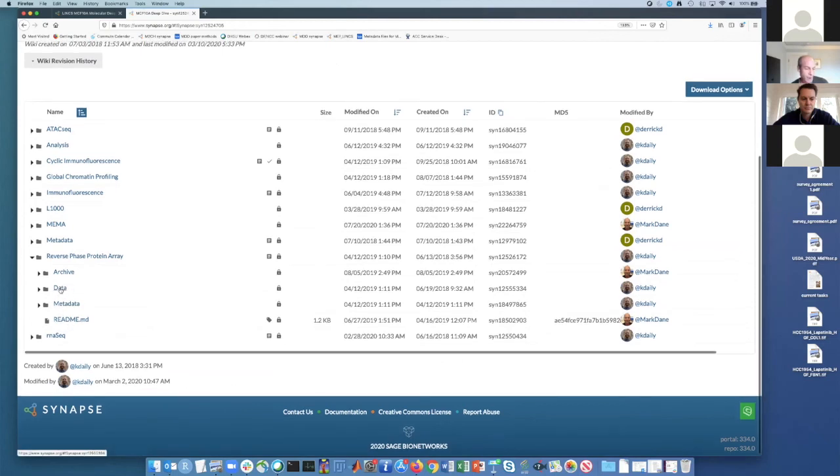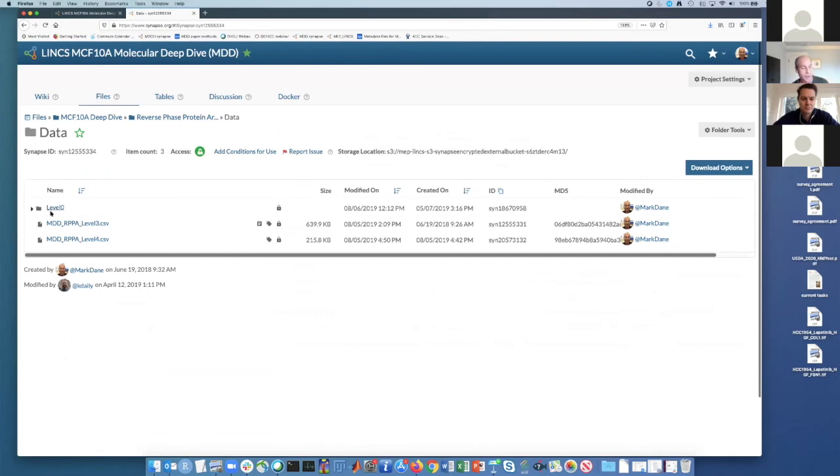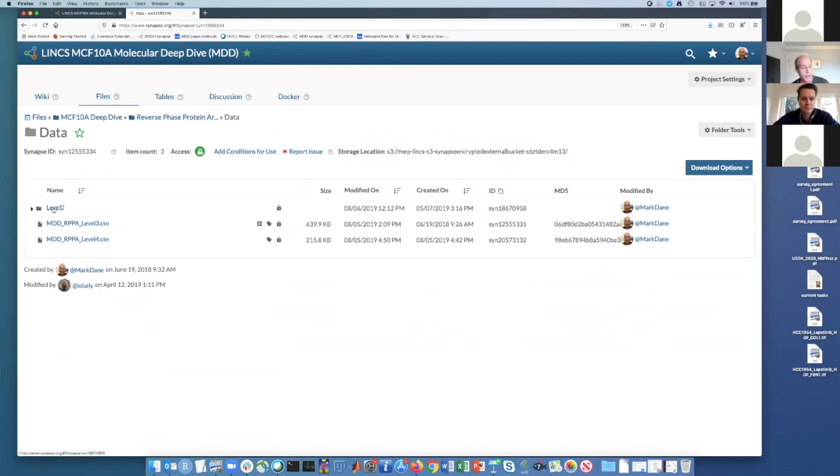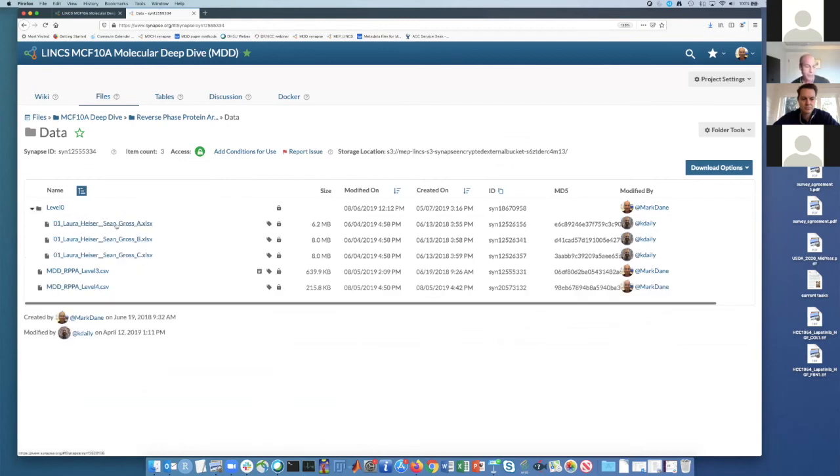I'm going to go into the data, and what we'll have in here is the level 0 data. In this case, the level 0 data is typically what we would get from the core, if there was a core involved, or if we did the experiment itself, say in the case of IF, the raw files that come in there.